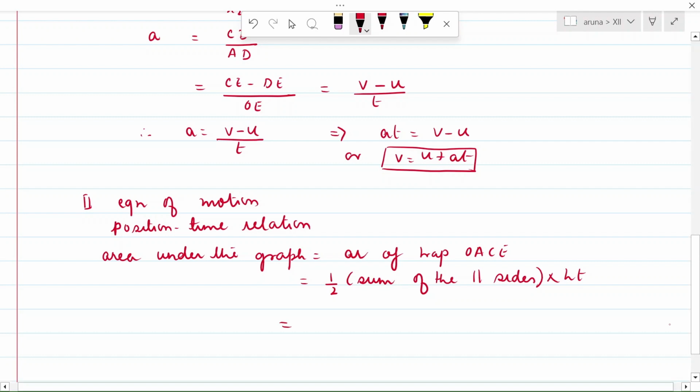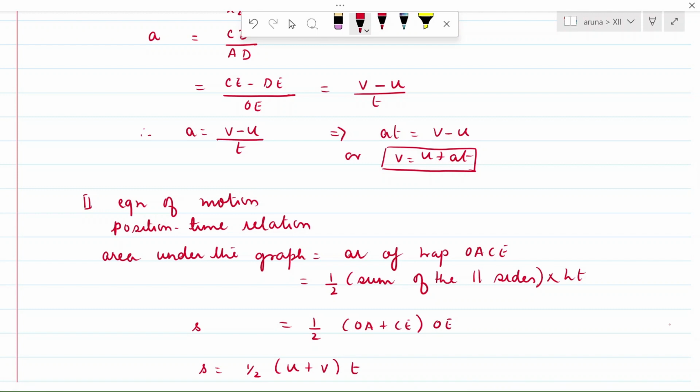The two parallel sides are OA plus CE and the height is OE. Area under the graph represents displacement s. So s is equal to 1 by 2, OA is u, CE is v, and OE is time.